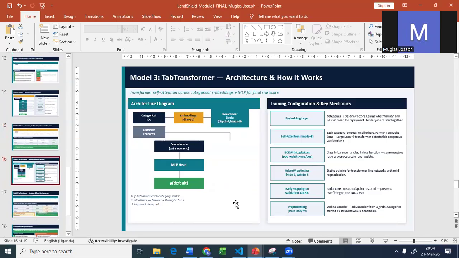So how the TabTransformer works, I'll give an overview. Traditional models have this problem of identifying patterns in features. Let's say we have a feature, job.